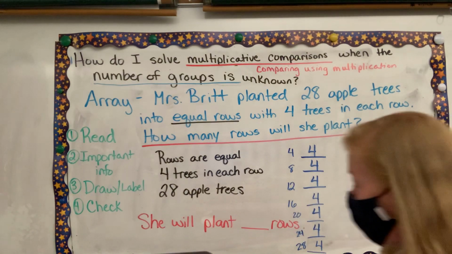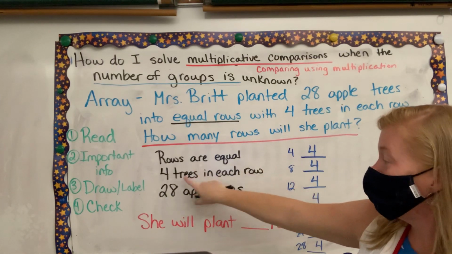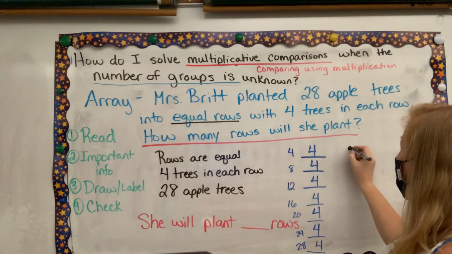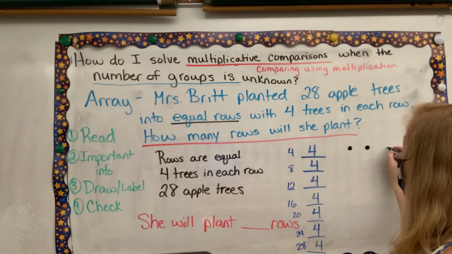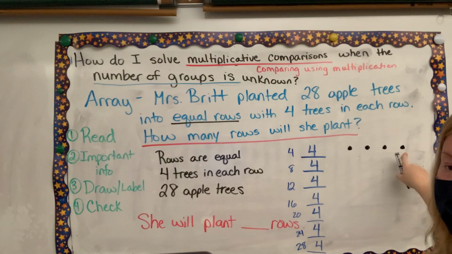So I'm going to start by putting, I know my rows are equal, I know I have 4 trees in each row. 1, 2, 3, 4. That's 1 row of 4.